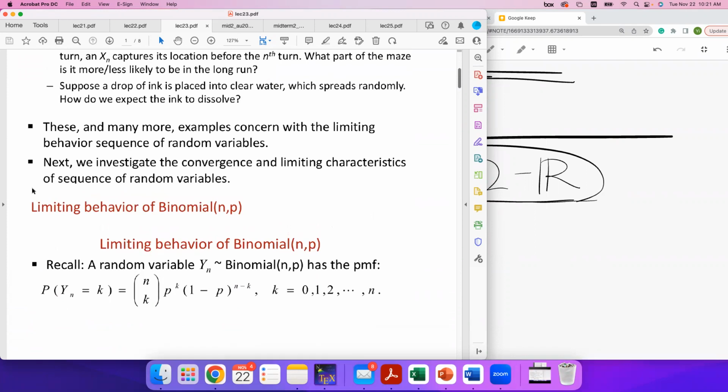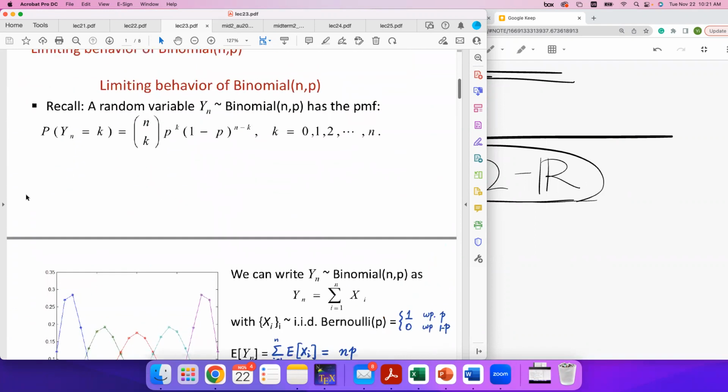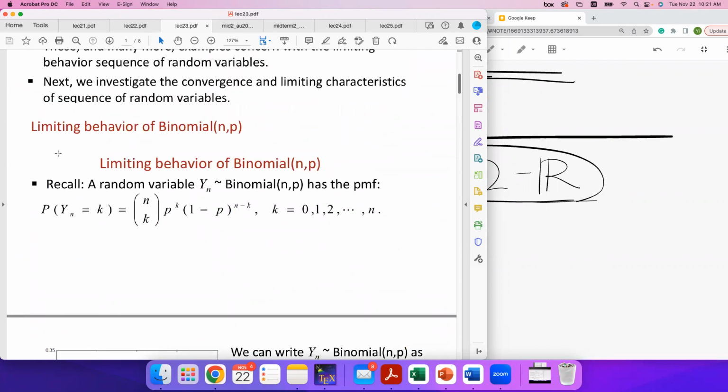So we want to care about this. I can start with a simple example, which talks about the limiting behavior of a binomial distribution. Recall that a random variable Y_n follows a binomial distribution with parameters n and p, and has the following probability mass function.